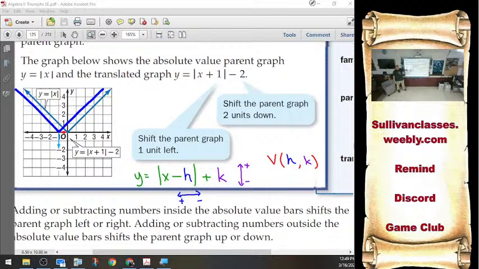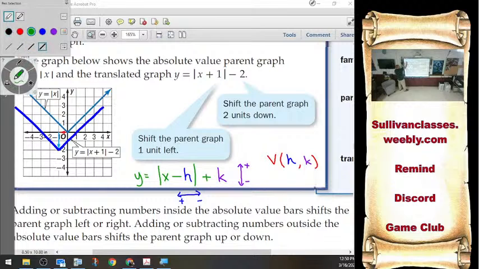Then there's a -2 outside the brackets. Outside brackets, minus, tells me we'll go down 2. So I take that pointy part, that vertex, and move it down 2. And you see how the rest of it came with it. It still has the same shape. It just moved over here. Okay? So it's got a vertex at HK. If I shifted left 1 down 2, look at that vertex.